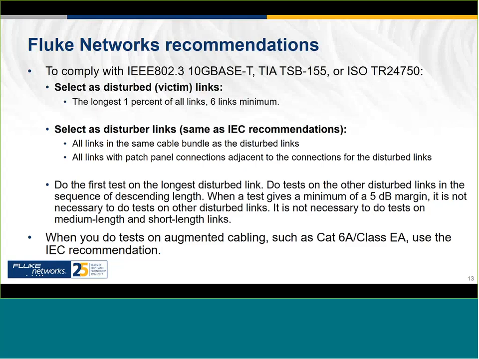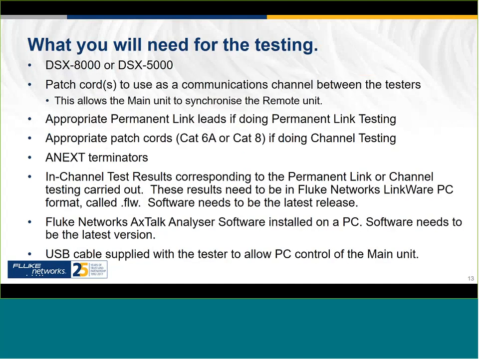Often we get asked, what do I need to do this testing? So let's have a look at that. You're going to need a field tester, so a DSX 8000 or a DSX 5000 from Fluke Networks. You're most likely going to need some patch cords to use as a communication channel between the testers.